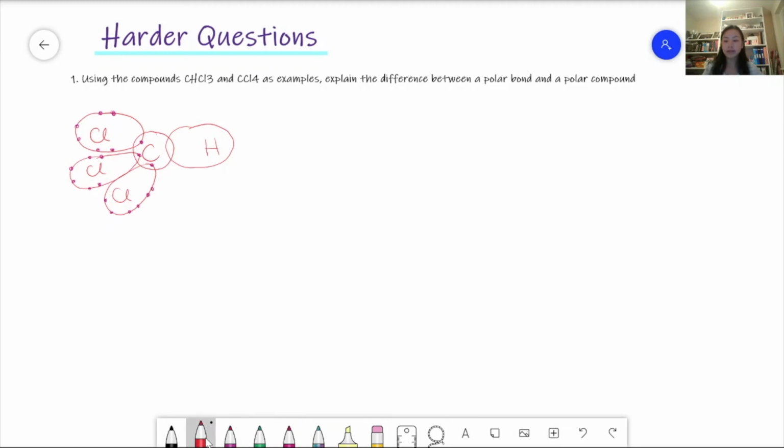And then we have the carbon electrons, and then obviously the hydrogen as well. And that's how it's bonded. So it has 4 bonding pairs and 0 lone pairs. So we know that this forms a molecule that looks like this.